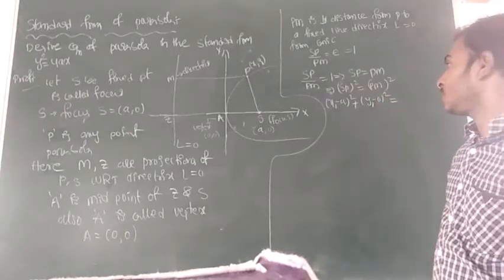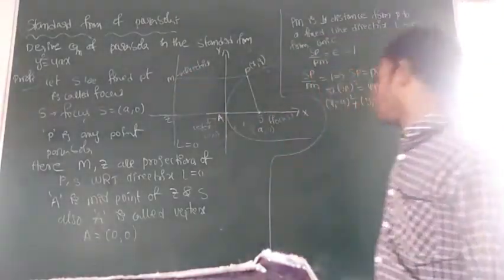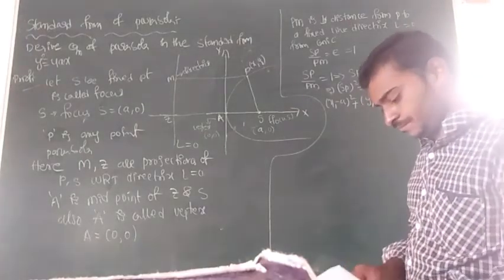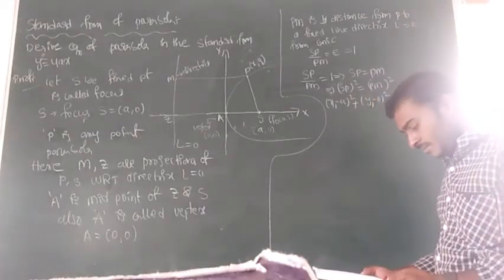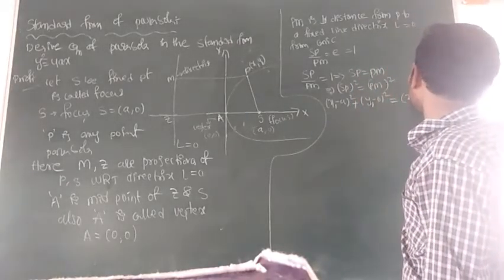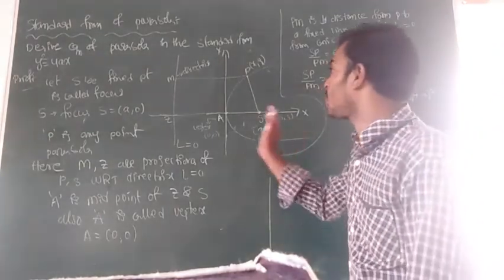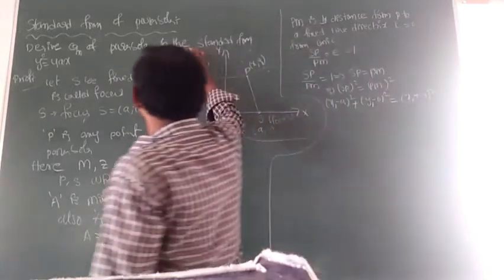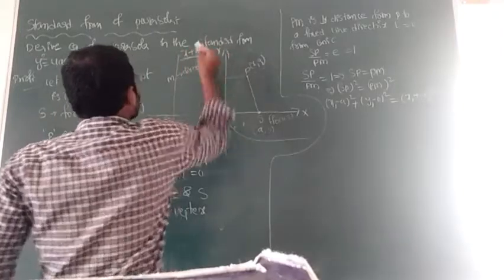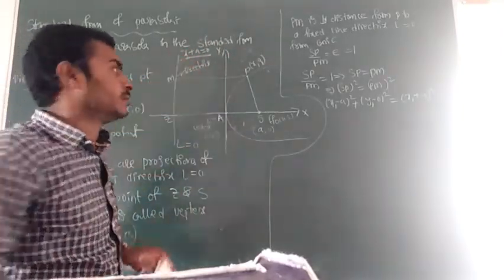The distance from P to M is nothing but x1 plus a whole square, because the directrix equation is x plus a equal to 0.